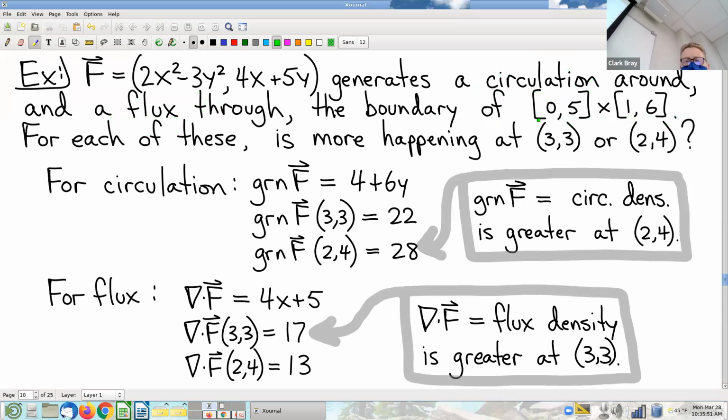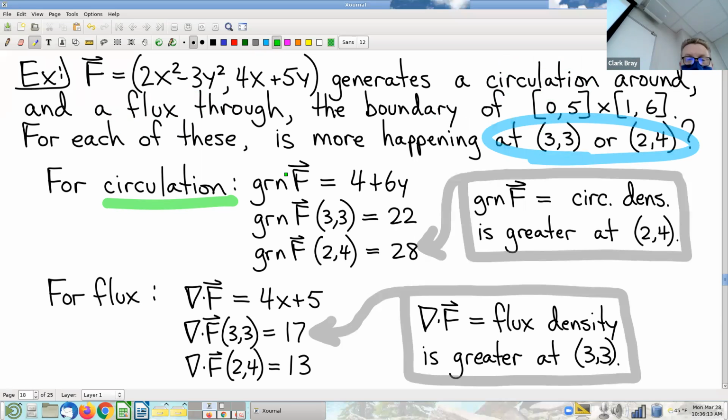Whatever those are, we don't really need to care about what they actually are. But for circulation, for example, is more of the circulation happening at this point or at that point? Which of these two points has more circulation happening?